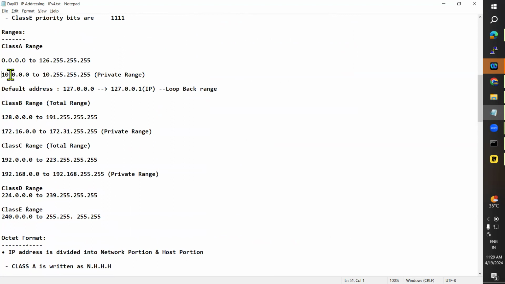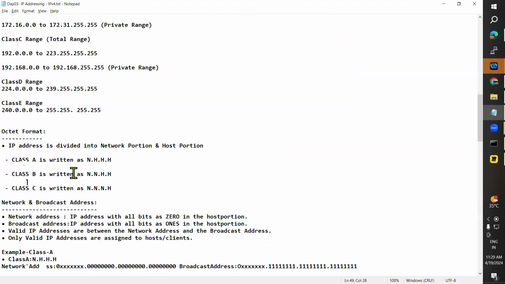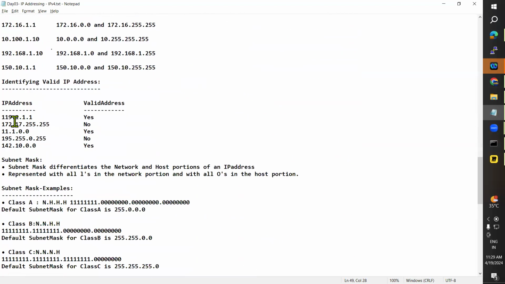Class A range. So it's valid. And this one, 172.17.255.255, is it a valid IP address? No, because 255 is not valid, valid only till 254. And next, 11.1.0.0 is a valid IP address. Yes, it's valid.